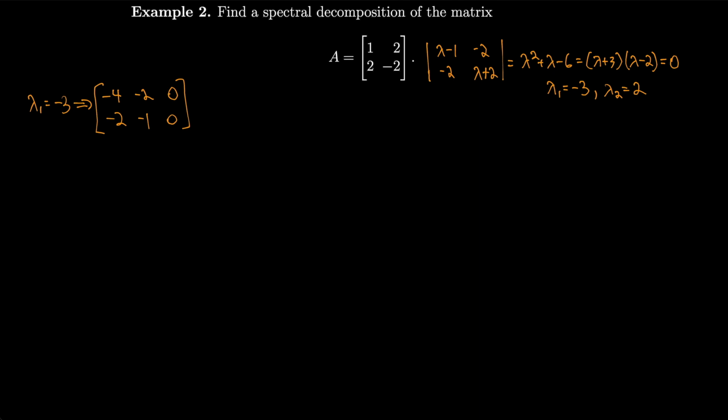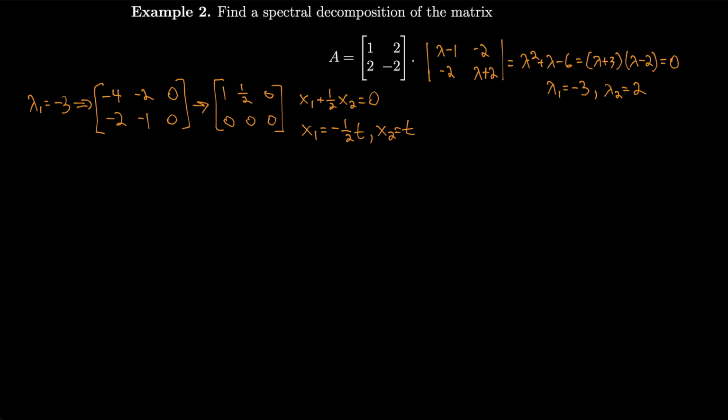And putting that in reduced row echelon form gives us 1, half, 0, 0, 0, 0. The second row is just a multiple of the first, so it zeros out. And that gives me a top row of x1 plus half x2 equal to 0. So x2 is free, so I'll make that t. Solving for x1, I get that x1 is minus half t, and x2 is t.